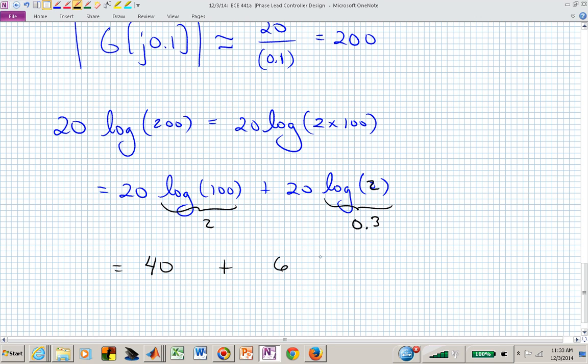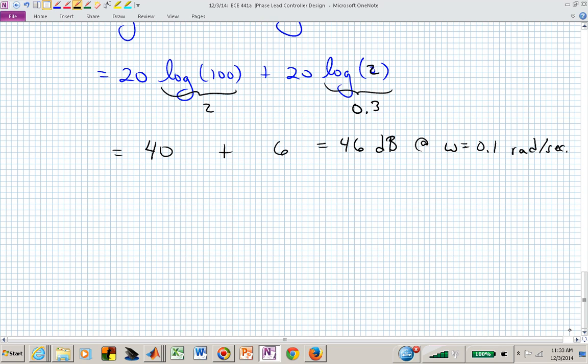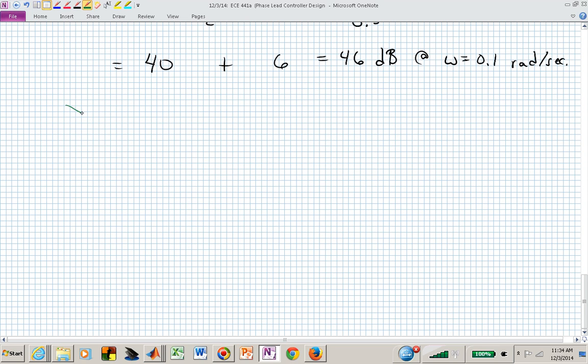So that now we have a gain of our system of 46 dB at a frequency of omega equal to 0.1 radians per second. So that now pins down our magnitude curve, meaning our magnitude curve is going down, and then it breaks at 2, and then it goes down even further, and now we've pinned a value at 0.1.